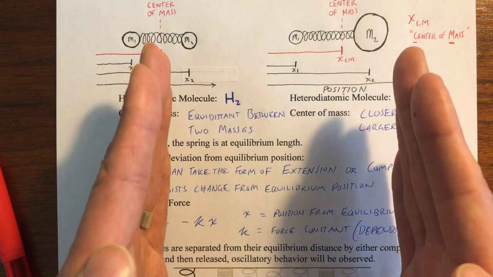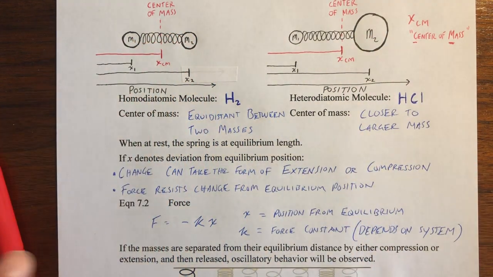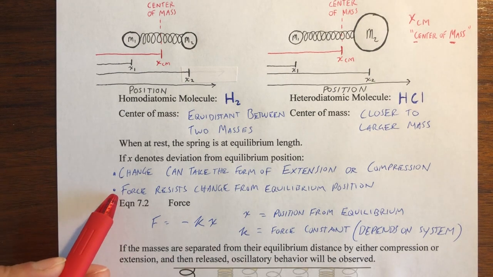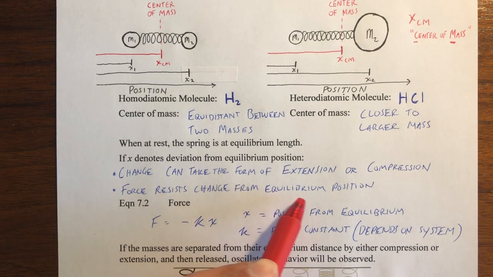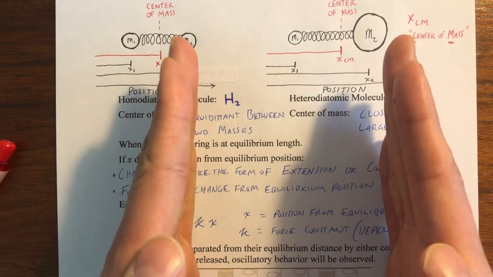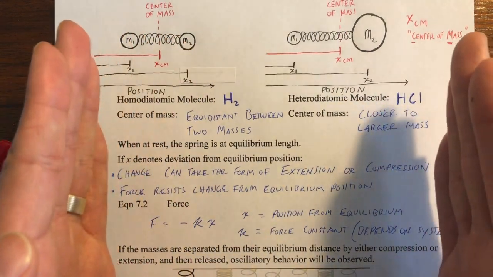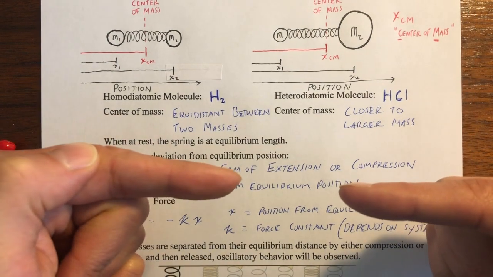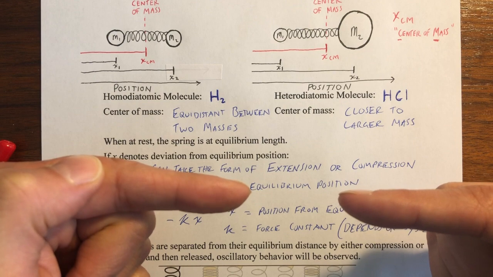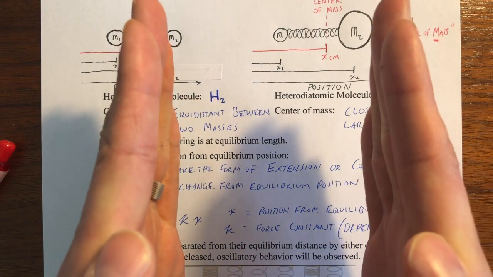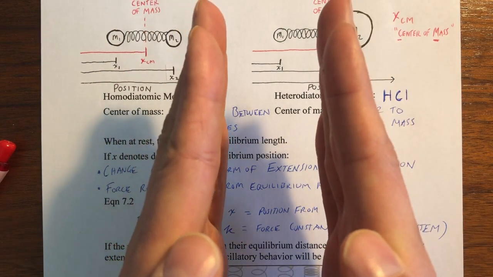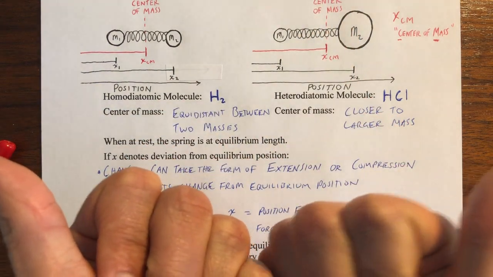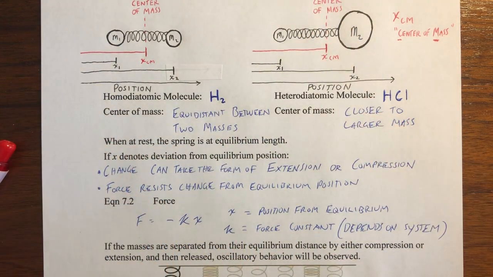Right here would be our equilibrium distance. There is a force that now becomes involved that resists the change from equilibrium. So if we were to extend the spring, it would be higher in energy, and there would be a force trying to draw the masses back together to being at the equilibrium distance. Likewise, if we brought the masses closer together and compressed the spring, we would have a force going outwards trying to draw them apart.